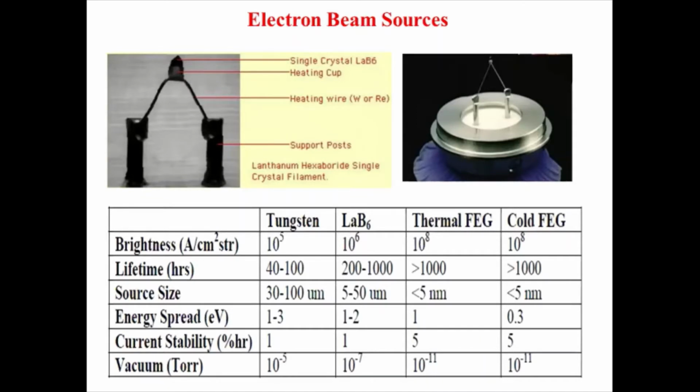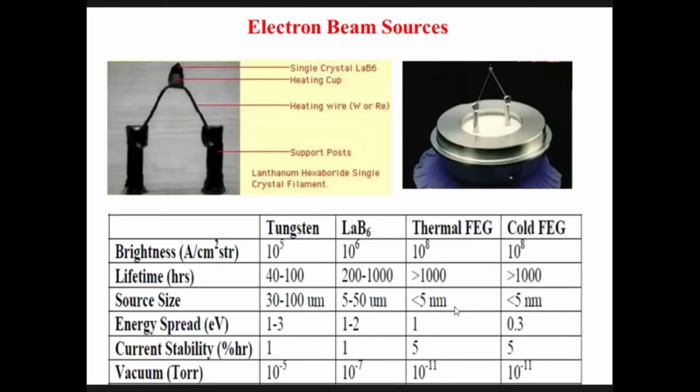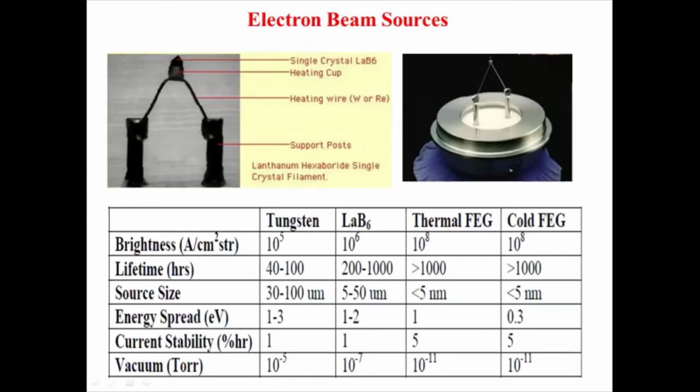If you use a nearly monoenergetic beam, you get a better resolution. If the beam is not monoenergetic, then the resolution is hampered. So in case of field emission, the energy spread is very less as compared to the thermal. That's why the resolution when you have a field emission gun is higher as compared to the thermal gun.